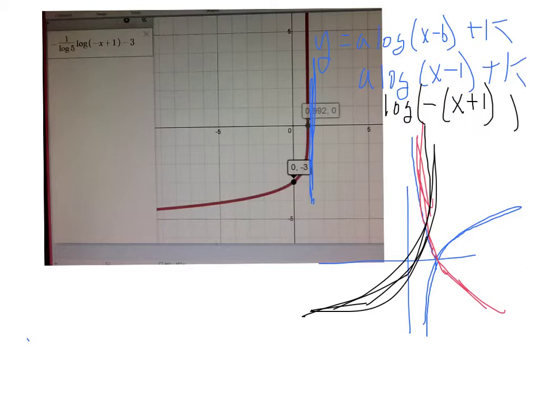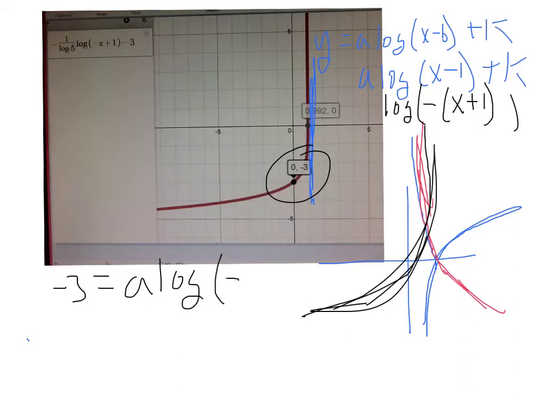So then what points does it go through? I see it goes through 0, negative 3. So let's use that and see what's happening. I can say that negative 3 equals a times the log of negative... Oh, isn't this interesting?